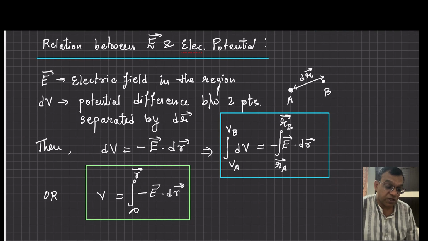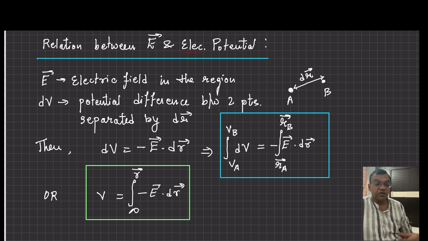Now, take the next heading, relation between the electric field and electric potential. Now, we are saying electric field and electric potential are the two ways to represent the strength of the electric field. Is there any relation between these two, electric field and potential? That's what we are seeing.